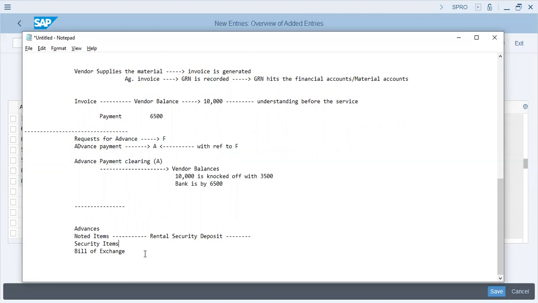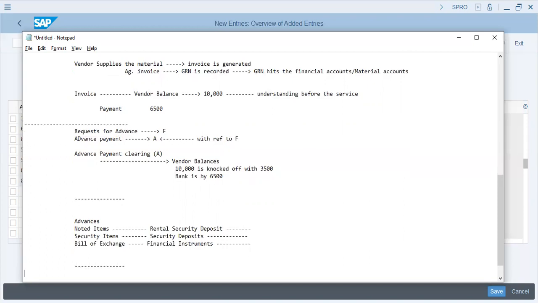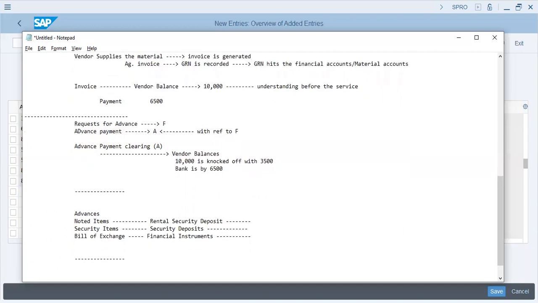So it's a fixed amount. It cannot be used. Security items, again, it comes under security deposits. Bills of exchange, financial instruments exchanged between banking institutions. Bills of exchange like bonds, bills, sukuk bonds, and so on. So special GL can cover all of these.